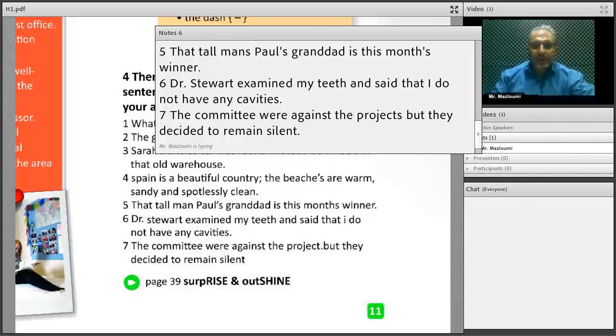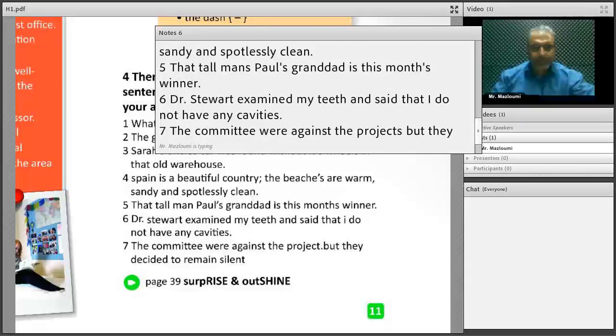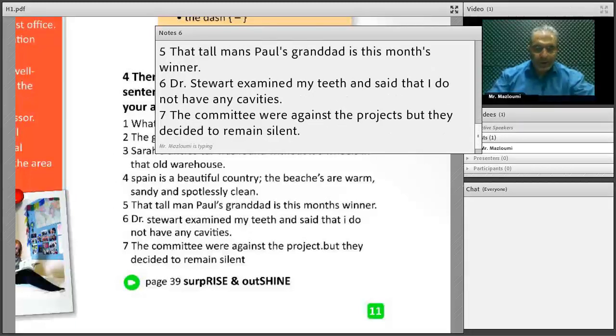Number 3, everyone. Sarah's uncle's car was found without its wheels in that old warehouse. Here, uncle's car, we need an apostrophe, okay?